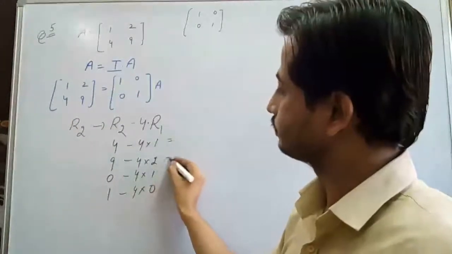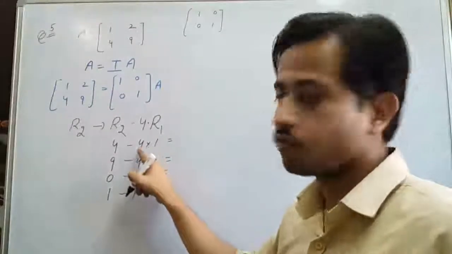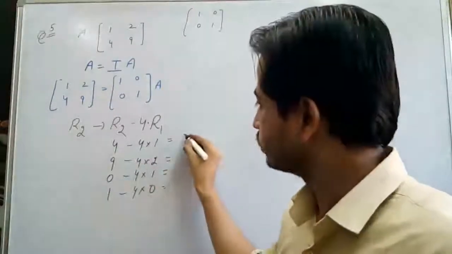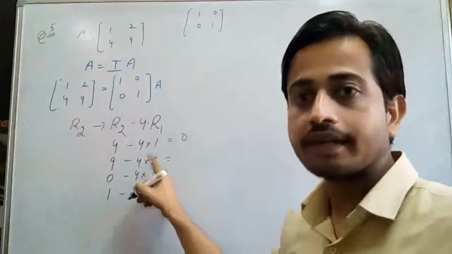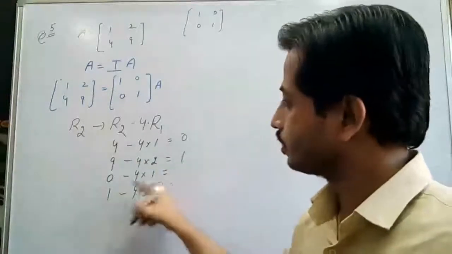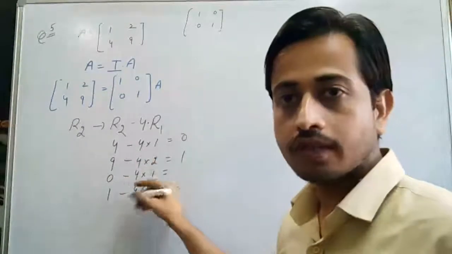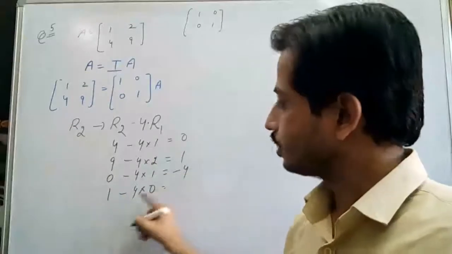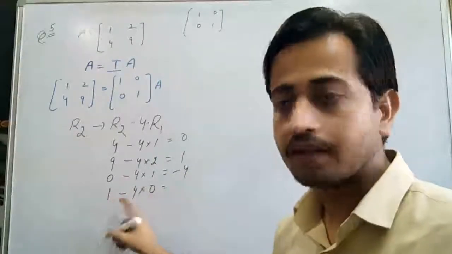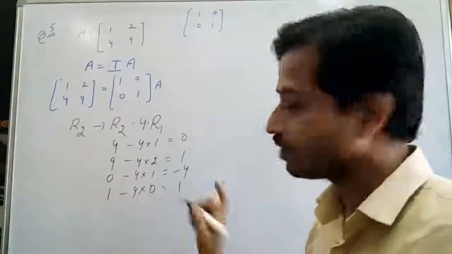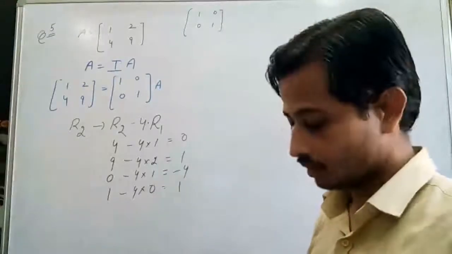Now solve this. 4 into 1, 4. 4 minus 4, 0. 4 into 2, 8. 9 minus 8, 1. 4 into 1, 4. 0 minus 4, minus 4. 4 into 0, 0. 1 minus 0, 1. So we get these elements.